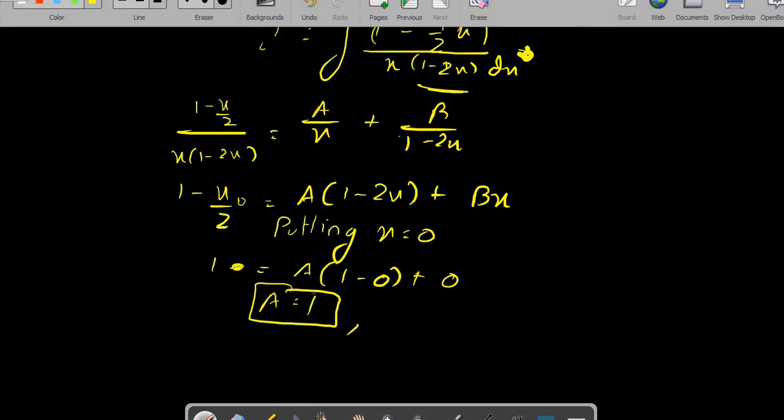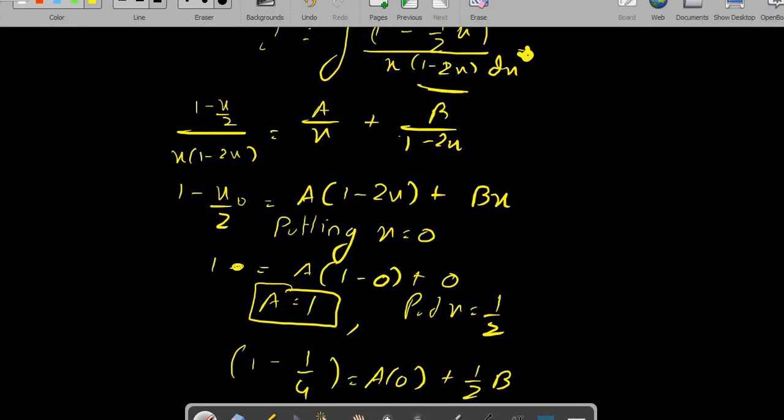So after putting the value of a here, if I put x equal to 1 by 2, this would be 1 minus 1 by 4 is equal to a into 0 plus 1 by 2 b, right?